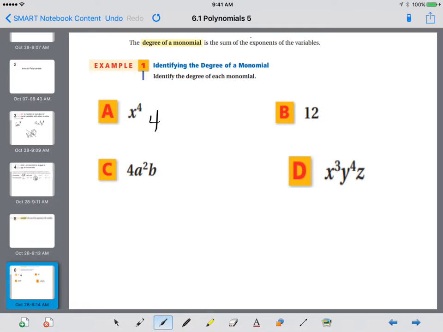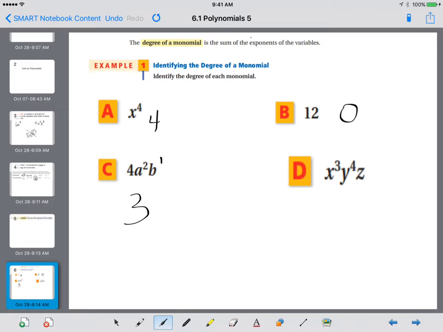It has no exponents, so its degree would be 0. 4a to the 2nd, b to the 1st. We never usually write this, but this degree would be 3 because it is a sum of the exponents of the variables. There are two variables. A has a power of 2, b has a power of 1. 2 plus 1 is 3.